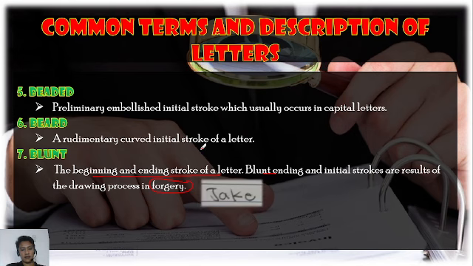Let us compare these two illustrations. Saan po kaya dito ang masasabi natin na has a blunt ending stroke? The writing that has a blunt ending here is this one.